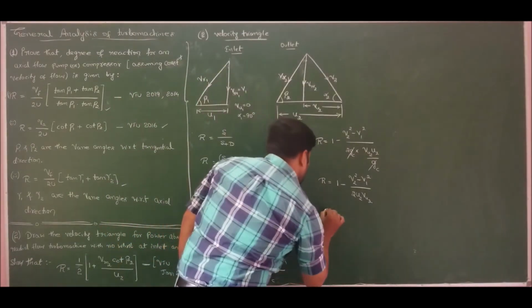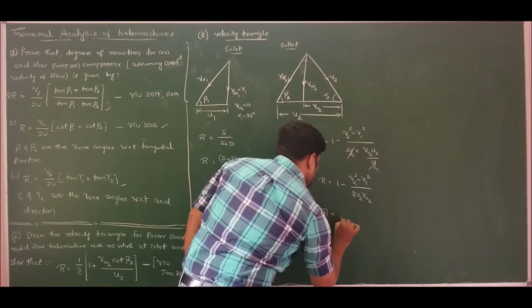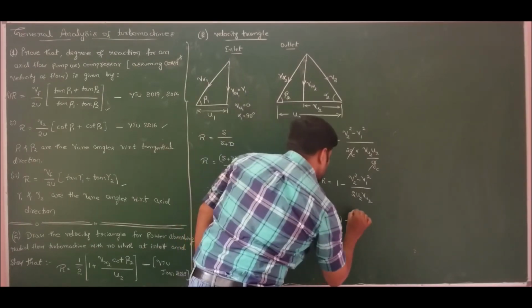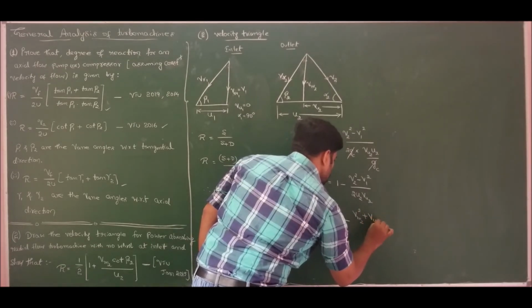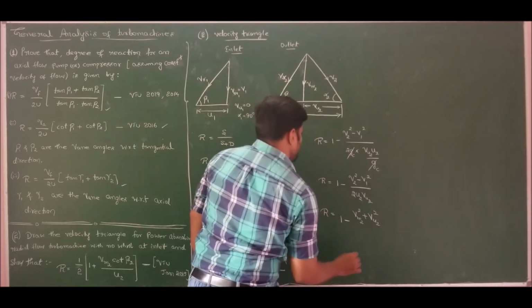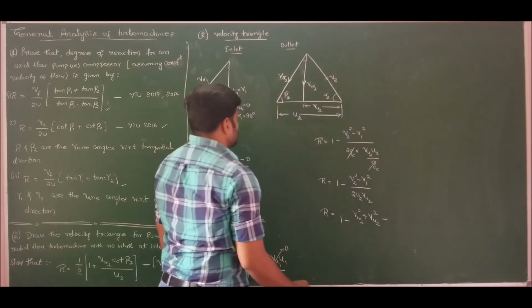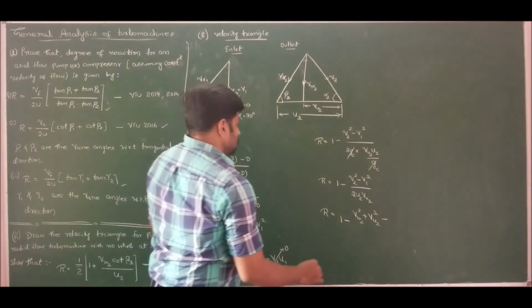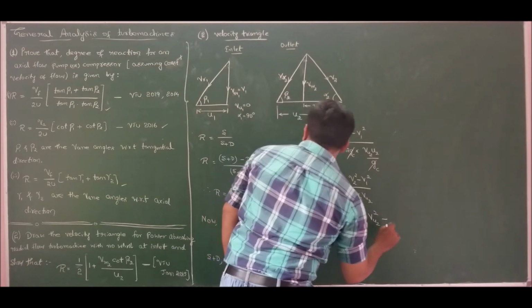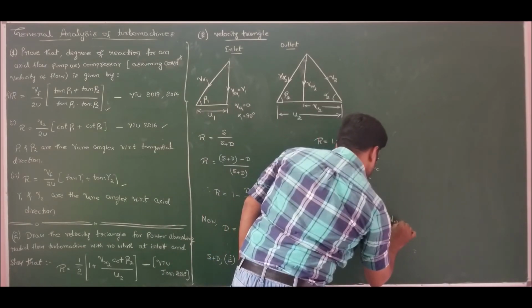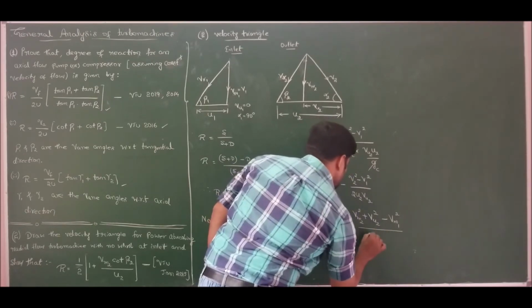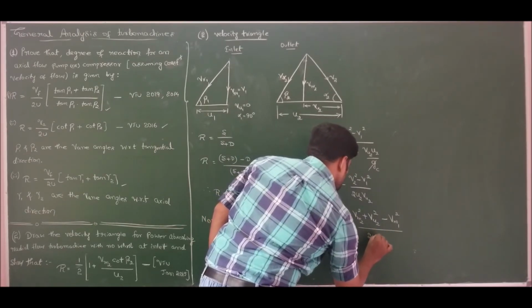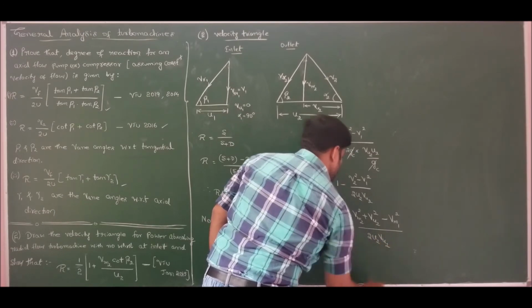So R is equal to 1 minus (Vm2 square plus Vu2 square minus Vm1 square) divided by 2 U2 VU2.